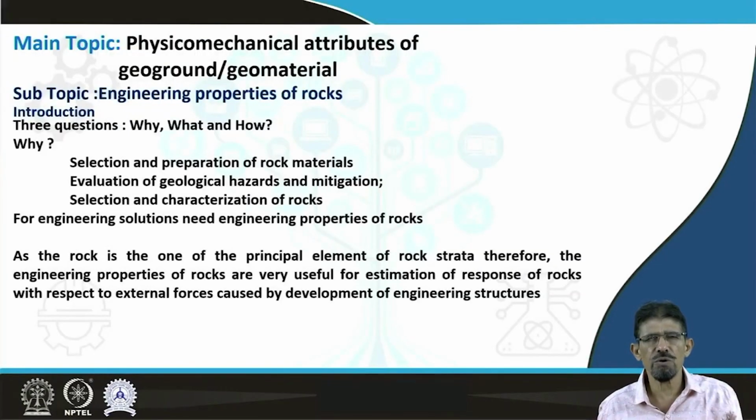Friends, as you know, rocks are basic elements of rock strata or ground. When we are going to utilize rock for engineering purposes, then it is important to determine engineering properties of rocks.